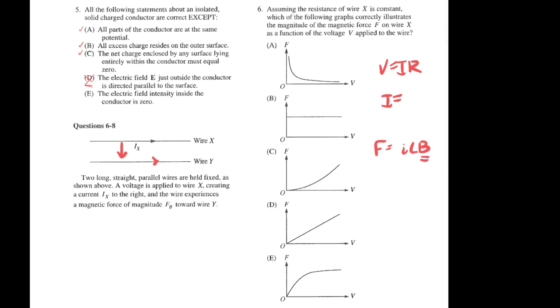So the magnetic field coming from wire Y isn't changing, but the current is increasing. So the force would also be increasing, and it looks to me to be a linear relationship with current. And since the voltage is also going up in a constant fashion, I think is what it said. So it'd be V over R LB equals F.